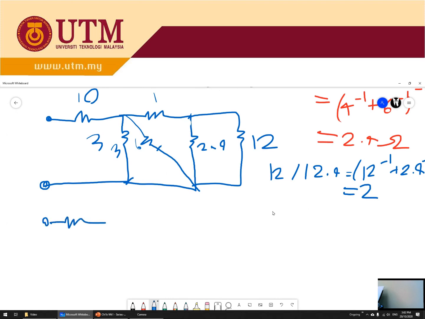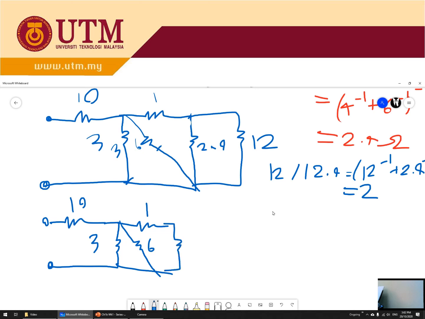Okay, this one 10, 3, 1, 6. This one is this value because you already combined it. So 2. So you can see that this one is in series and this one is in parallel with this.